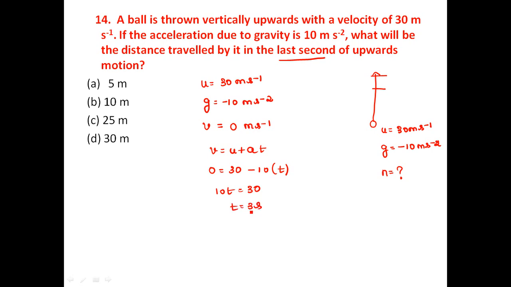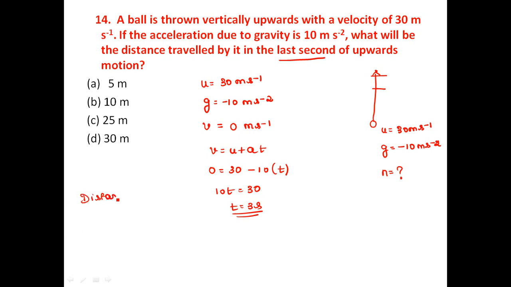T is equal to 3 seconds, which means that the body has taken 3 seconds to reach the topmost point. Now we can calculate the distance traveled in the last second. Which is the last second here? That is the third second, right?